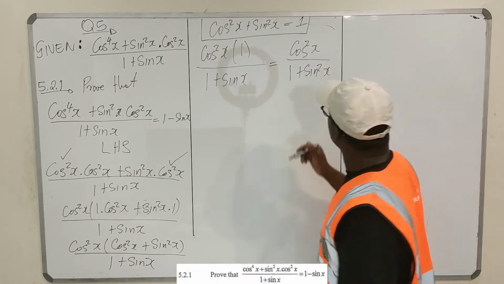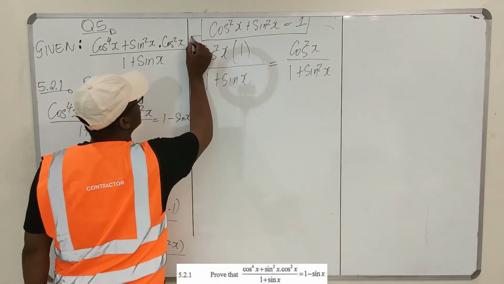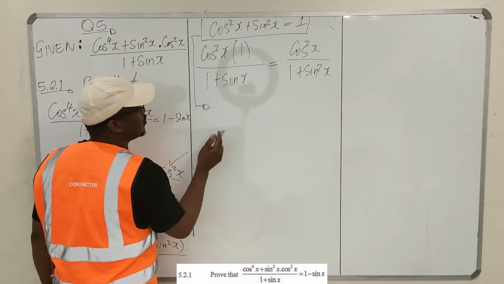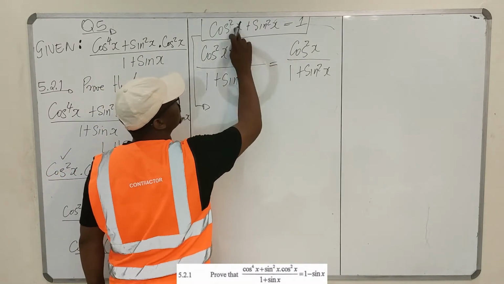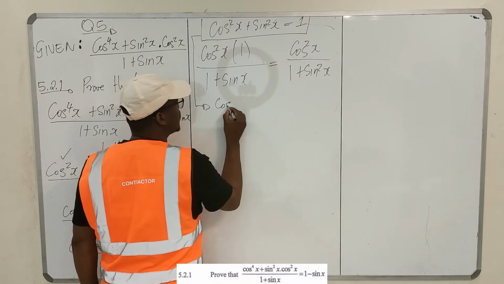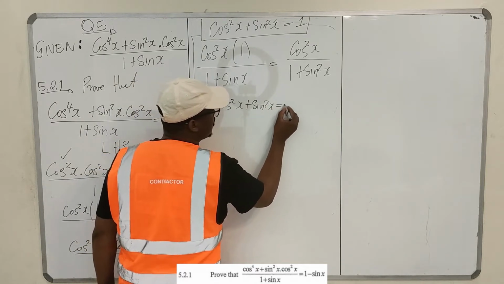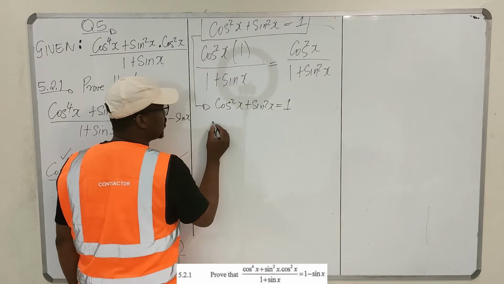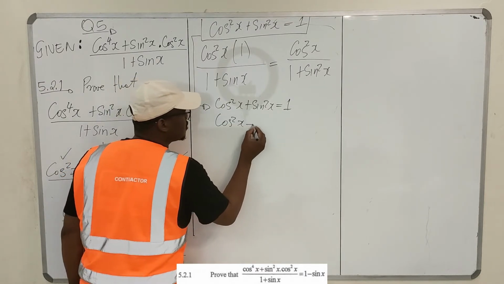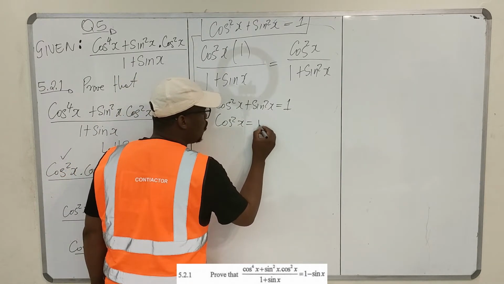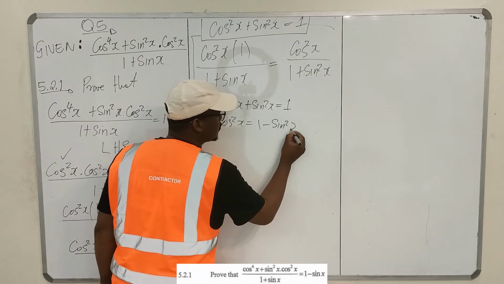From this same identity, you can solve for cos squared x, because you have cos squared x plus sine squared x equaling 1. So your cos squared x is equal to 1 minus sine squared x.